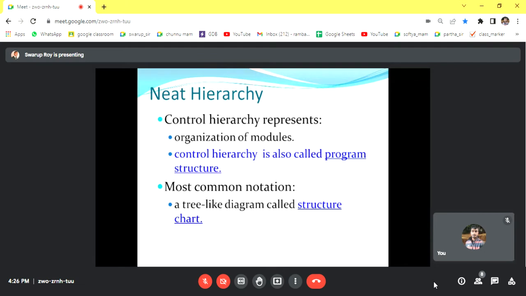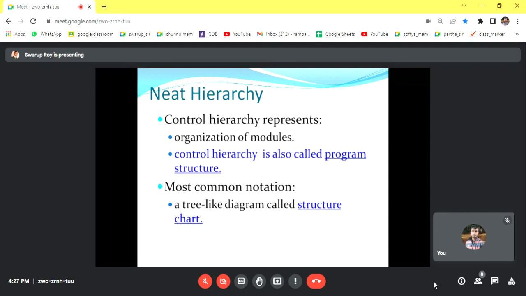Now we have also discussed the neat, clean structure. Whenever we need to represent the high level design, meaning the modules and the relationships between them, we represent them as a program structure, a hierarchical structure, or a tree structure, which we call a structure chart.